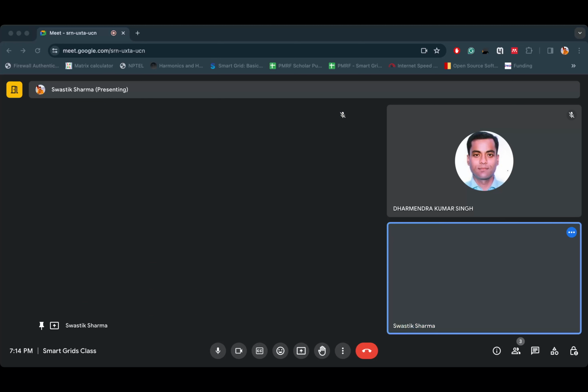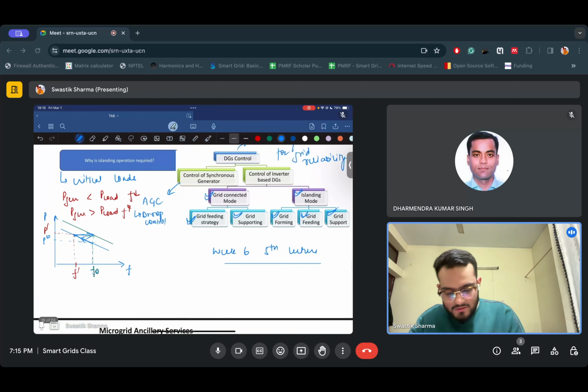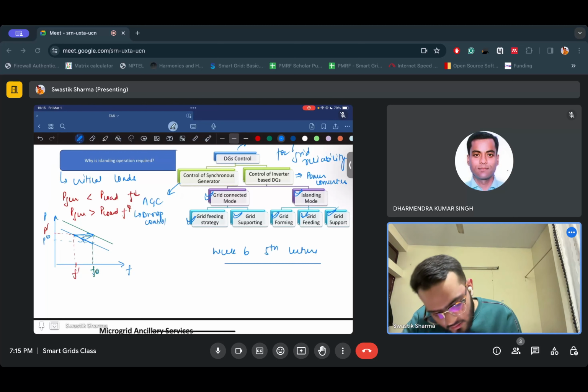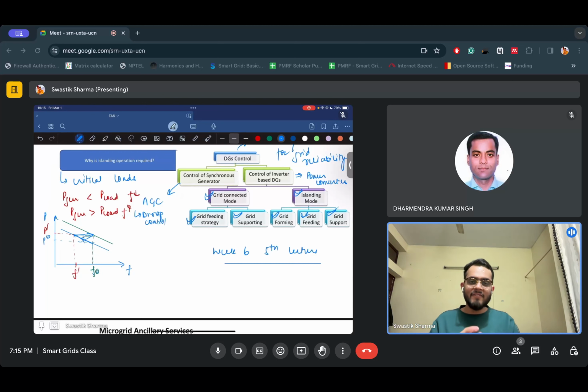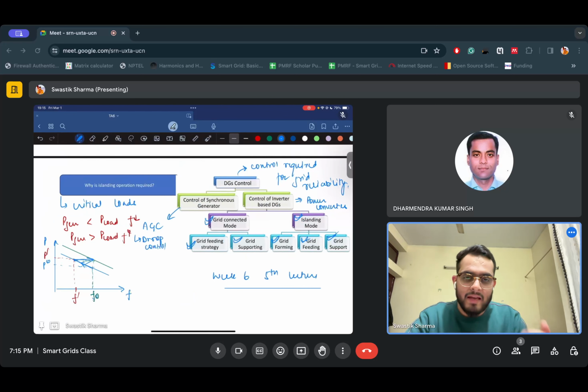Right. So now I told you about how we control these DGs. Synchronous generators you control using droop control, which is generally an AGC as well. And you have inverter-based DGs, which have power converters, and each of grid connected mode and islanding mode has different strategies. So all in all, the operation of a microgrid is to provide support services to the system.